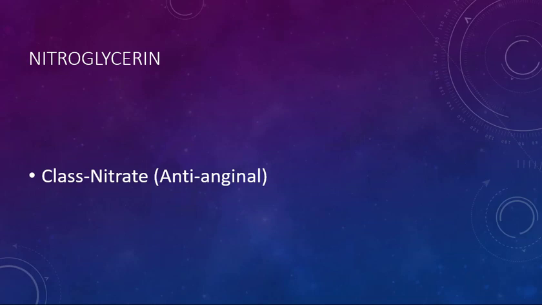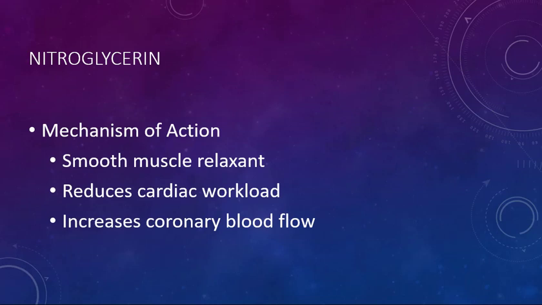Nitroglycerin. And these are not in any real apparent order of importance, okay? It is classified as a nitrate and also as an anti-anginal drug, okay? Basically, it works to stop angina within your patient. How does it work? Well, basically, it is a smooth muscle relaxant.